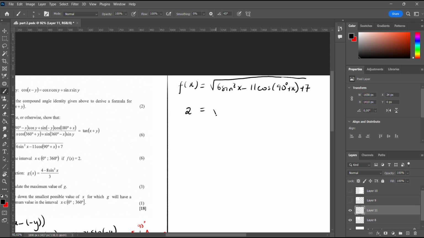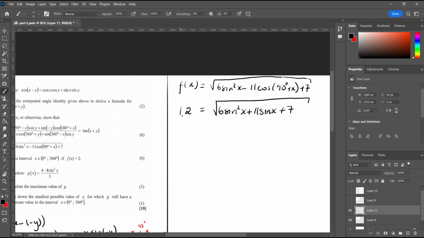Setting this equal to 2, we'll have the square root of 6 sine squared x minus 11 cos(90 degrees plus x) plus 7. Okay, so cos(90 degrees plus x) is negative sine, but it becomes plus sine because of that minus right there, so it'll be plus 11 sine x plus 7.